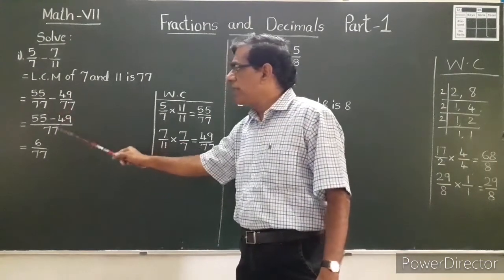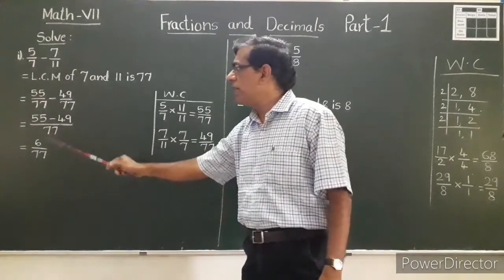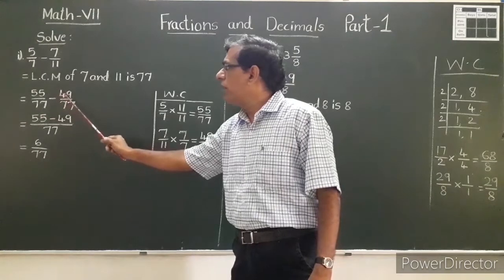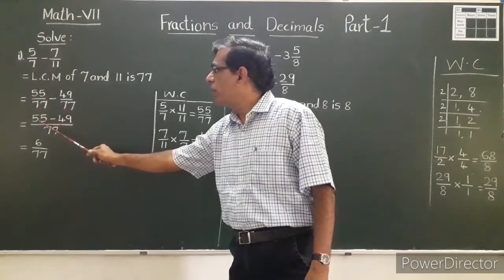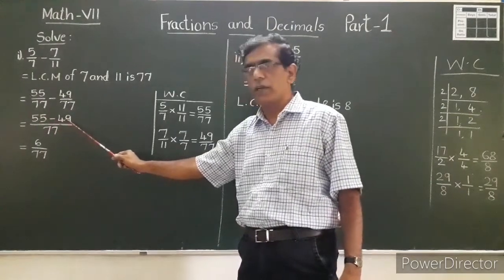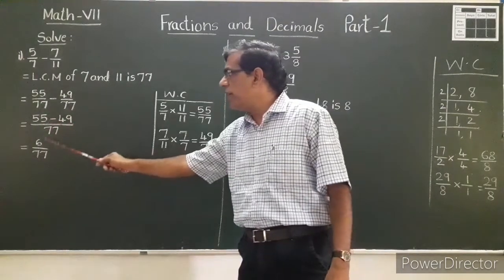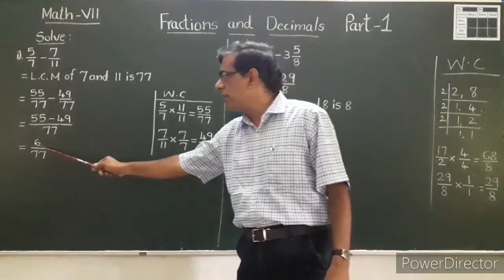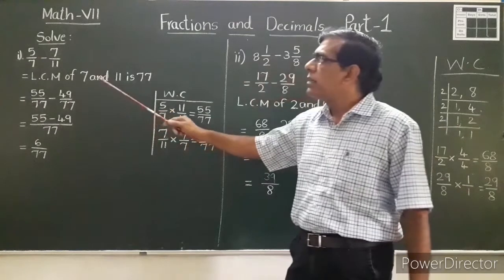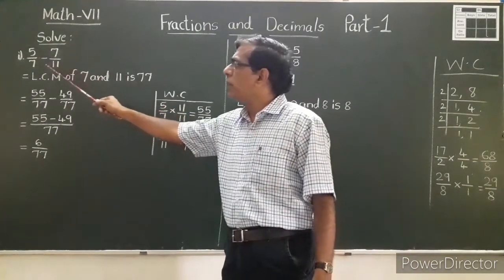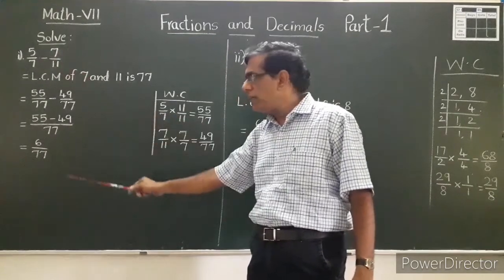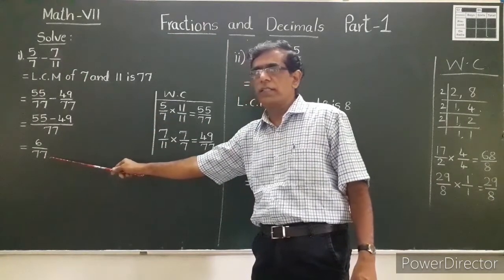Now 77 is the LCM. Now we subtract 49 from 55. 55 minus 49, their difference is 6. 6 by 77. The difference of 5 by 7 and 7 by 11 is 6 by 77.